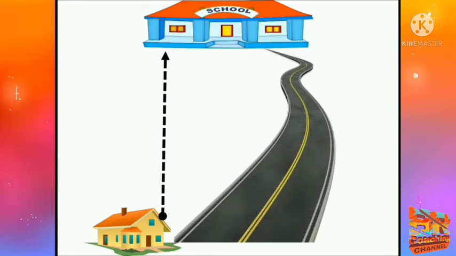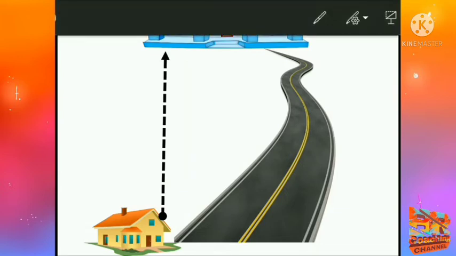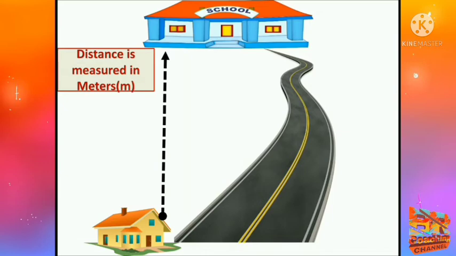Now my dear children, have you understood? See, here I am showing you that from house to school there is a road. You are traveling on that road by bicycle and you came to the school. Now what will you say? The total distance that you traveled by bicycle is nothing but distance.